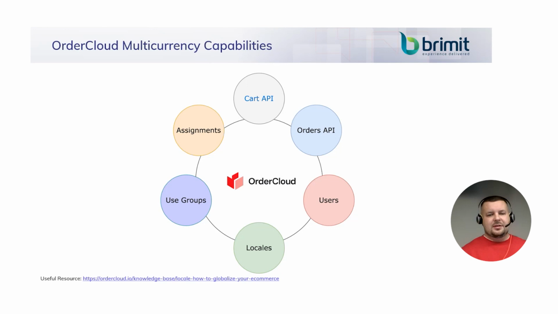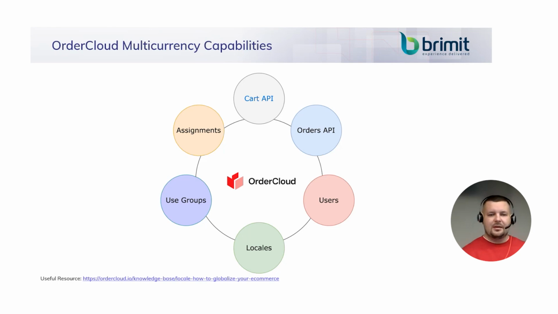It's based on the locales, users and user groups. It's not straightforward. It's not pretty clear for a developer when someone starts working with OrderCloud how to manage currencies, right?